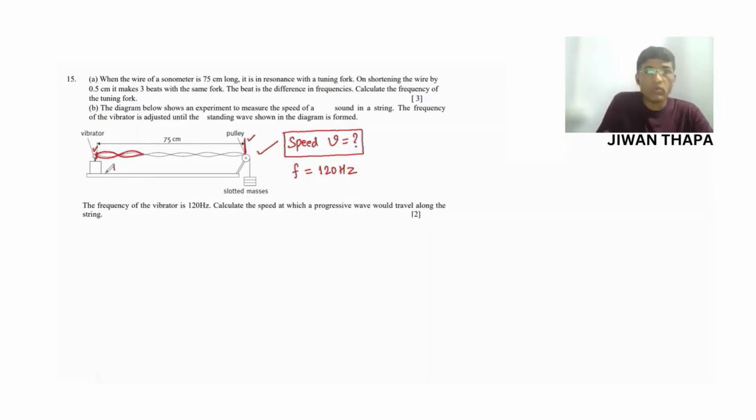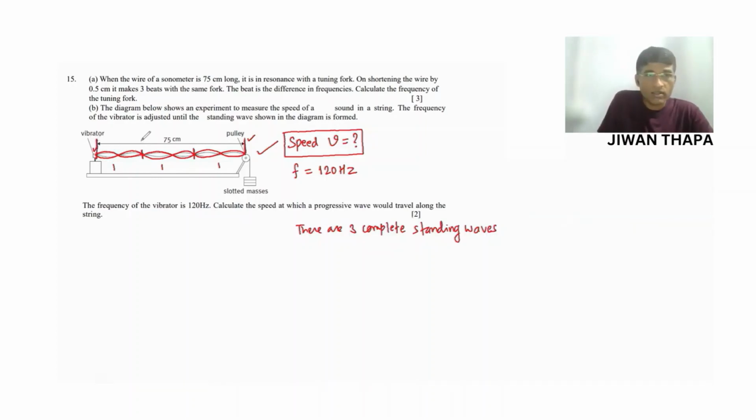We have one complete wave, and this is another complete wave, and we have another complete standing wave. So altogether there are three complete standing waves.